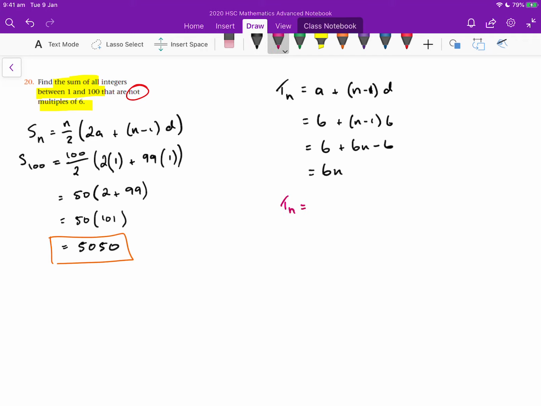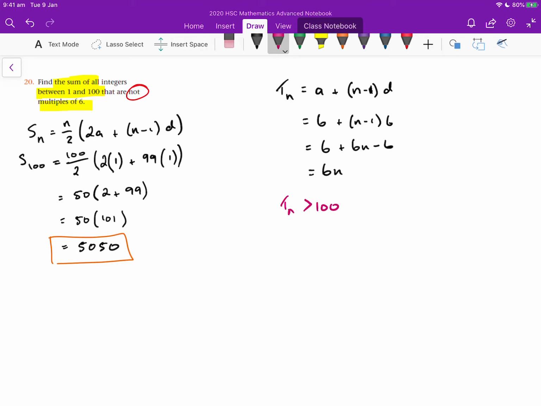We want Tn to be greater than 100. It'll be the easiest way to find out how many terms there are going to be, simply because we go to that first term over 100, take away 1, and that'll be our last term before 100, which gives us what we're after.